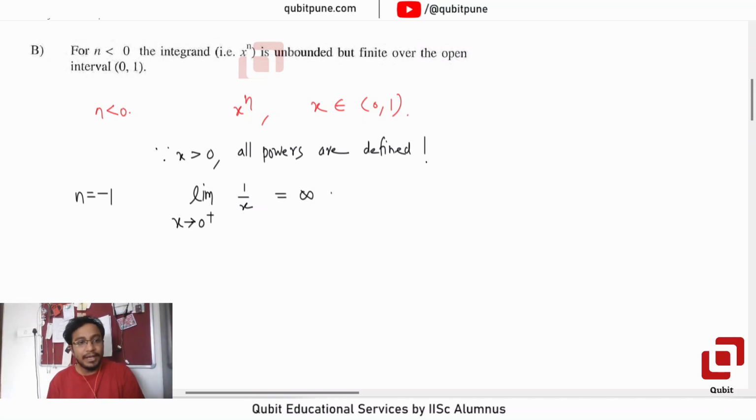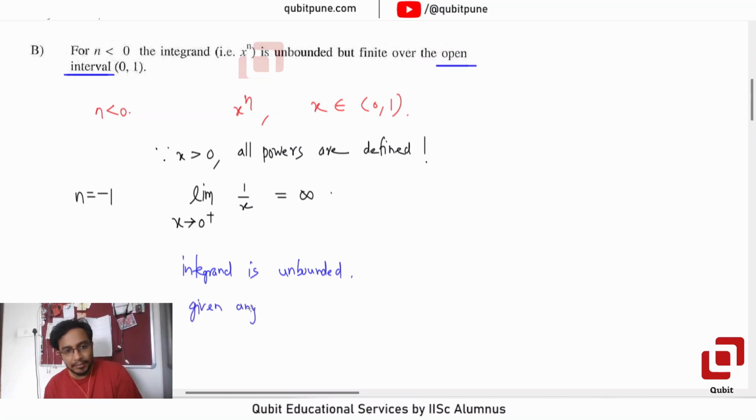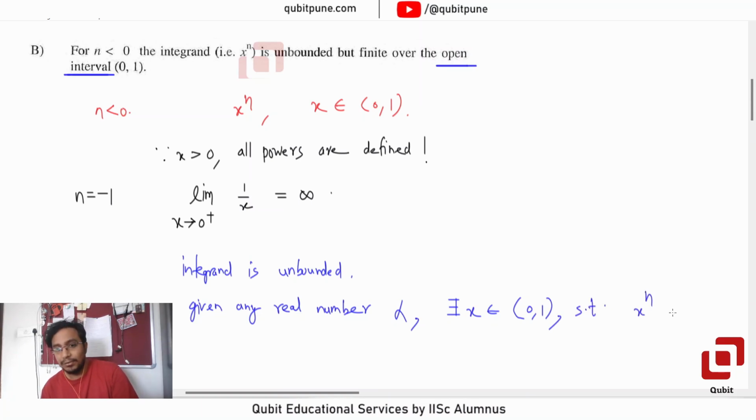But if we take the open interval, we can clearly say that the integrand is unbounded. Now what do I mean by that? By that I mean, given any real number alpha, there exists x in the open interval 0 to 1 such that x raised to n will surpass alpha.